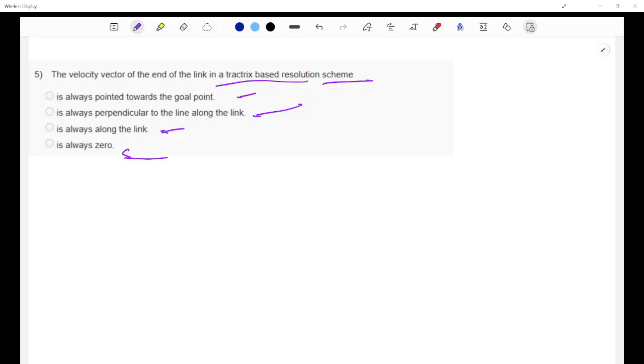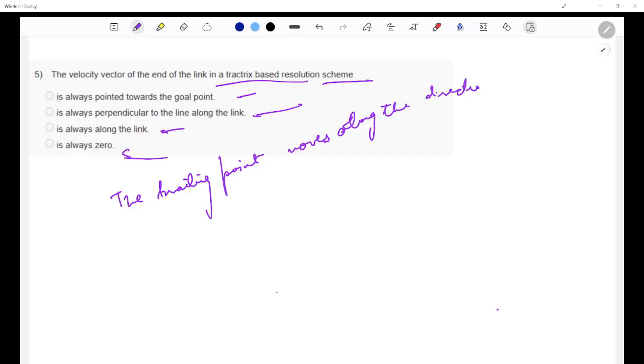The key idea you should understand here is that the trailing point moves along the direction of the link. So let's start with the options.